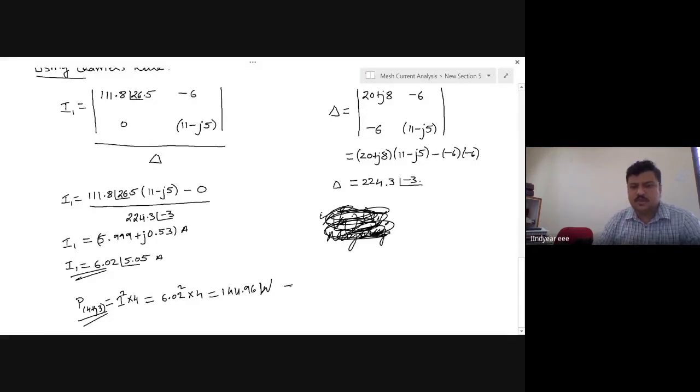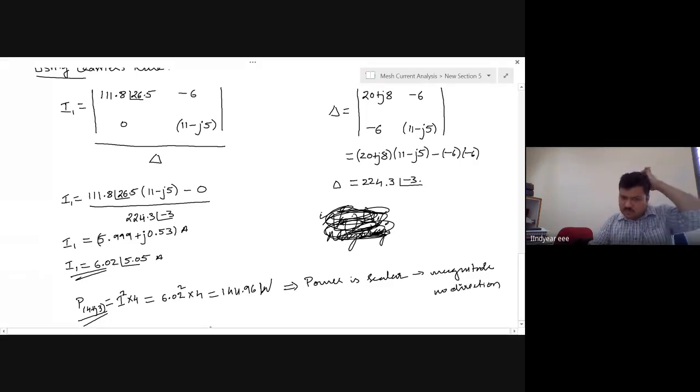Because power is scalar. Power is scalar. It has only magnitude, no direction. The angle indicates the direction.